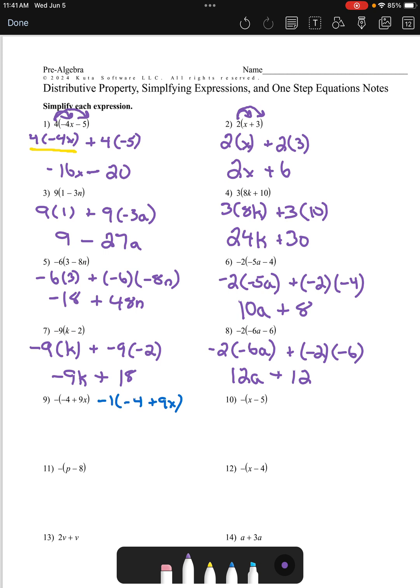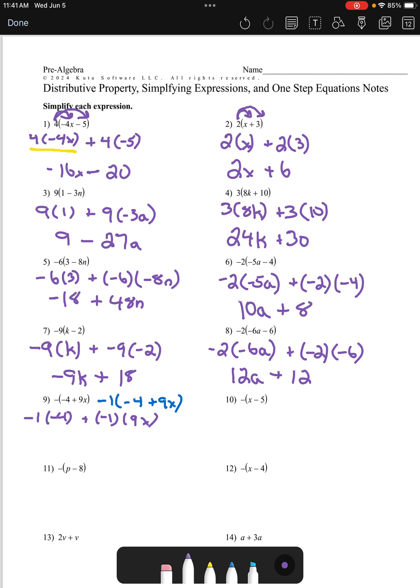Because if we do that, now we know clearly we are giving a -1 with multiplication to both this -4 and this positive 9x. So we have -1 times -4, and we have -1 times 9x.